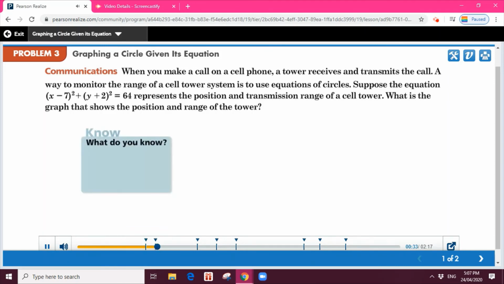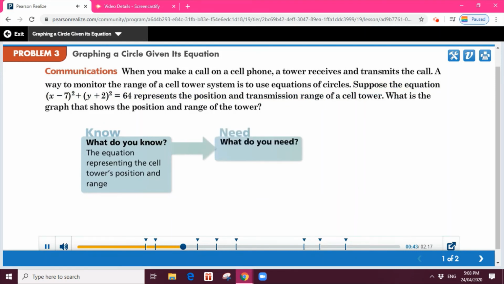What do you know? You know the equation representing the cell tower's position and range. What do you need? You need to draw a graph to represent the equation. So what's your plan?